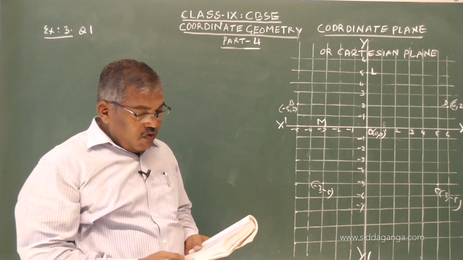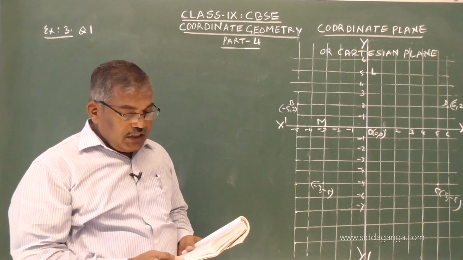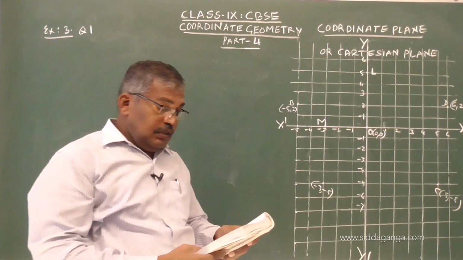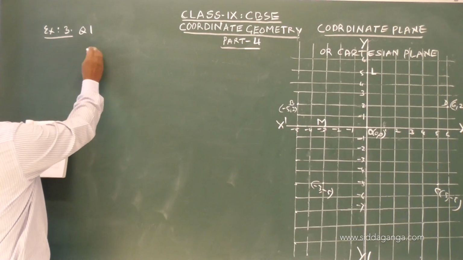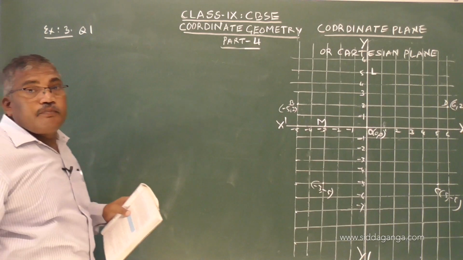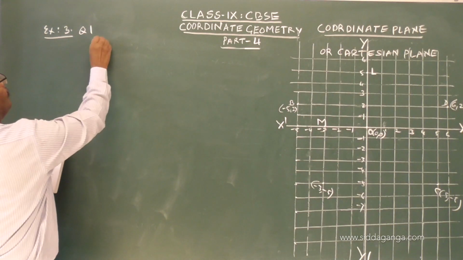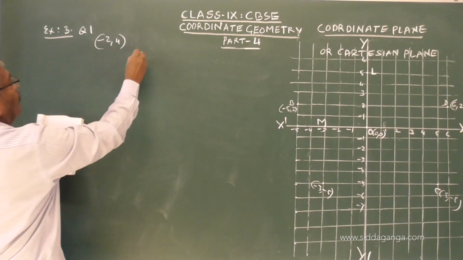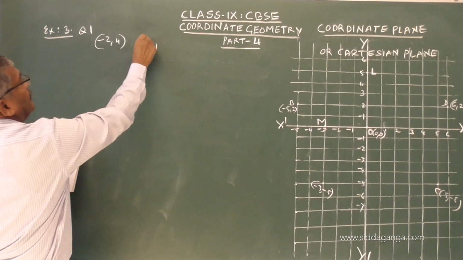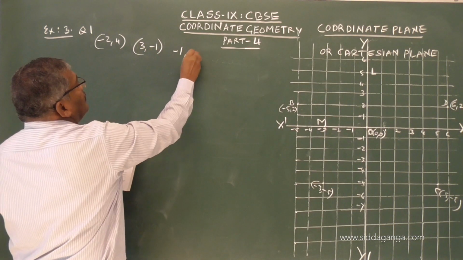In which quadrant or on which axis do each of the points, you can name them, it is given like this: (-2, 4), (3, -1), (-1, 0), (1, 2), (-5, -3), (-3, -5).